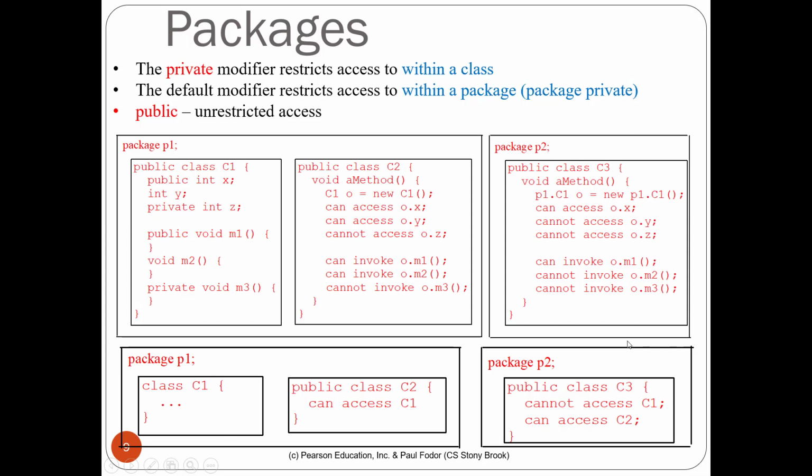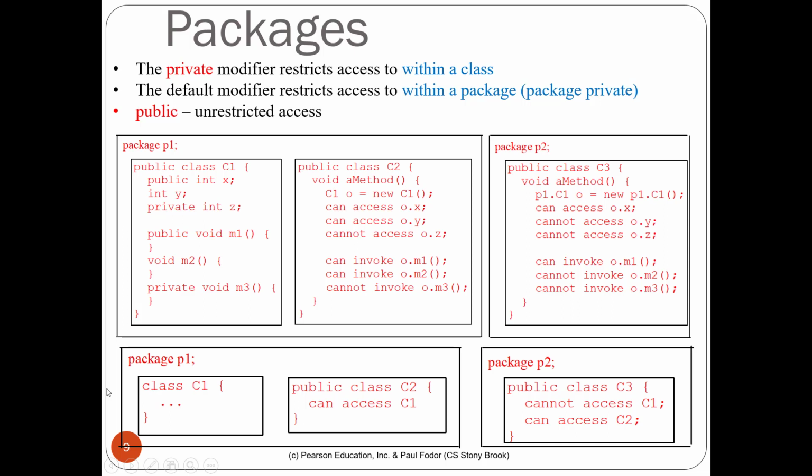Now this figure looks simpler because we had too much text in the figure at the top. Let's see, what do we have here? Class C1. Okay, pay attention here. We are not saying public. We had said public for all the classes in the previous example. Here we are not saying public, we are just saying class C1. What does that mean?